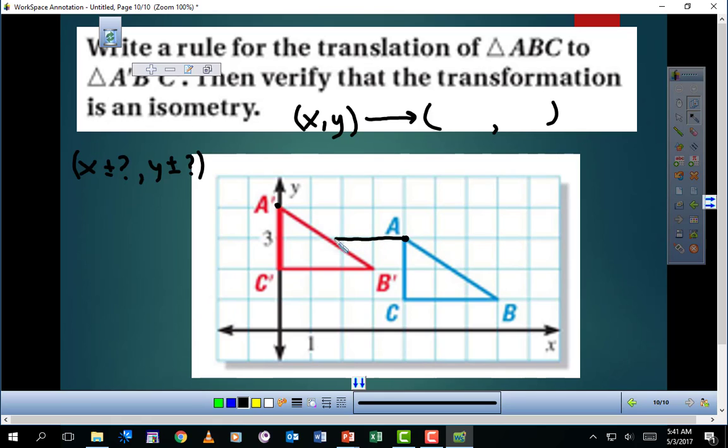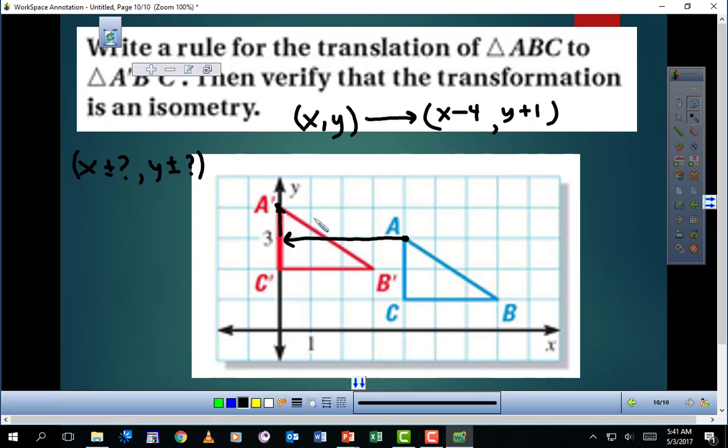How far? Well, it looks like to me we go 1, 2, 3, 4. But we're going to the left. So I want to indicate that by writing x minus 4. And after I go left 4, I then go up 1. So I indicate that by saying y plus 1.